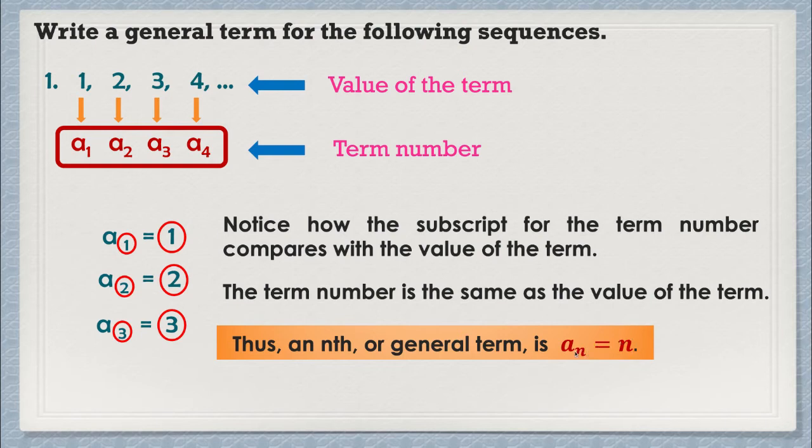Diba? Subscript, this refers to the term number or the position. This one here is the value of the term. Since in this example, the subscripts are just equal to the value of the term, therefore our general term here will be a sub n equals n.